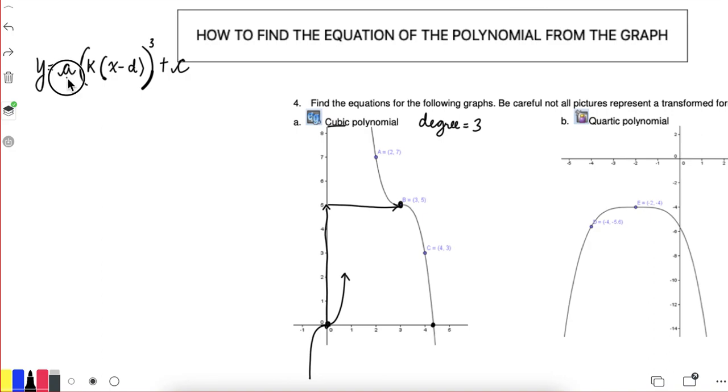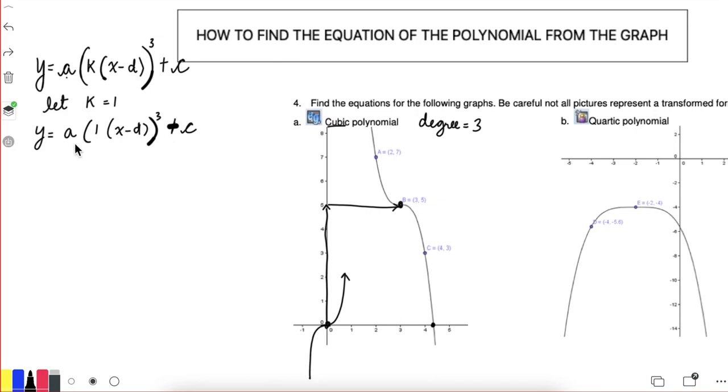Now there is an a and a k here. For one of these values, a or k, you can take it as 1, and it's always easier to take k equal to 1. So let k be equal to positive 1. Then it's y equals a times (1 times (x minus d)) to the power of 3 plus c.